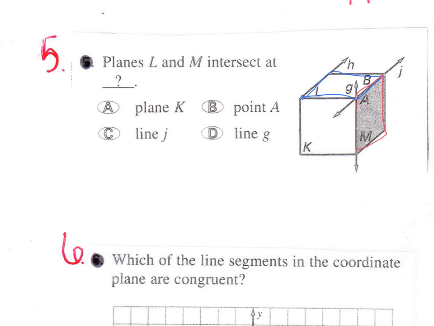So you can kind of see, where do they intersect at? That's what we're looking for here. Where do they intersect? What would you call that? Is it A, plane K, B, point A, C, line J, or D, line G? Again, just hit pause, and then that way you don't get behind.